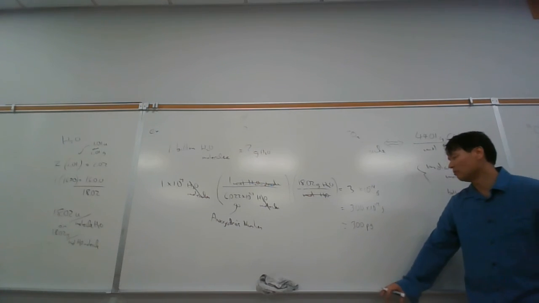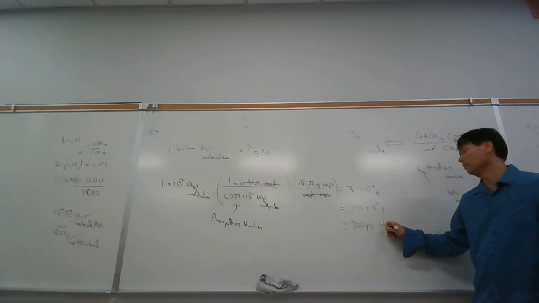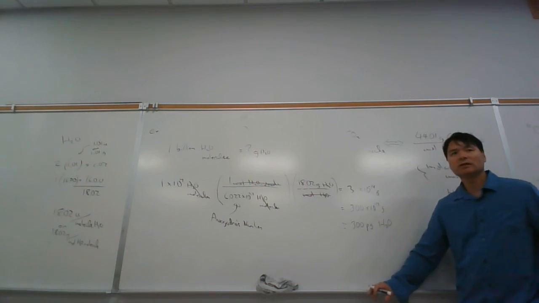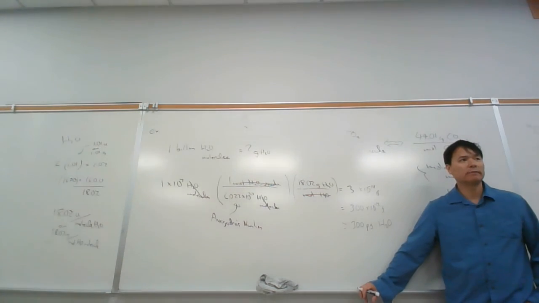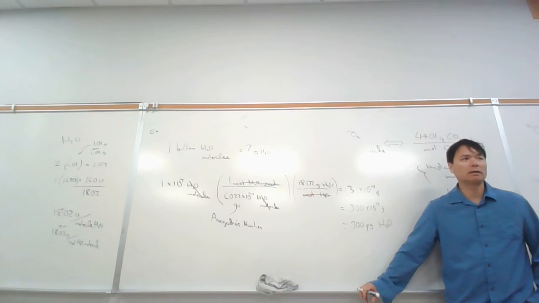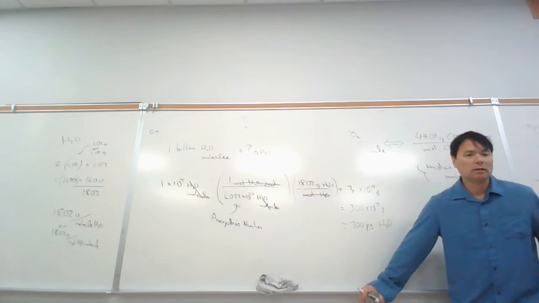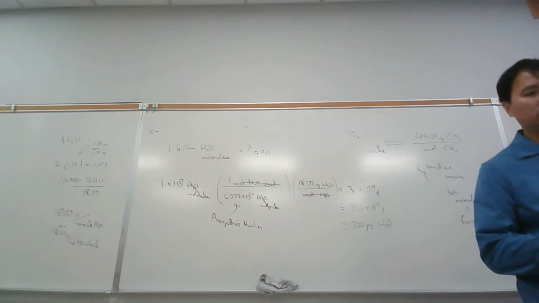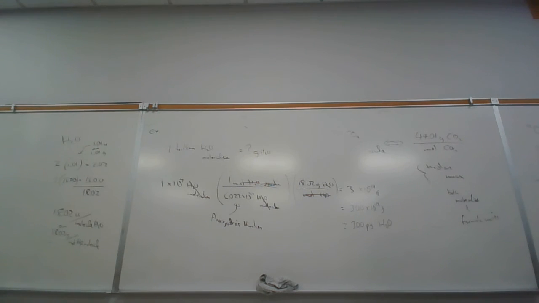300 picograms of water. Do you think that's visible to the naked eye? Maybe not. They say a dollar bill weighs about a gram. So if you chop up the dollar bill into a million pieces, each of those individual pieces would be 1 microgram.